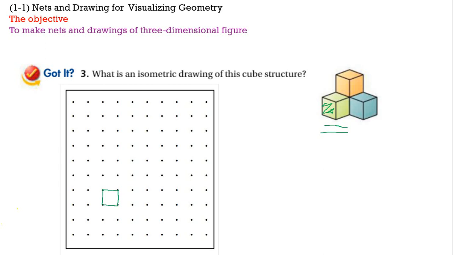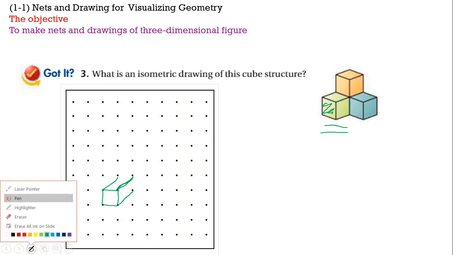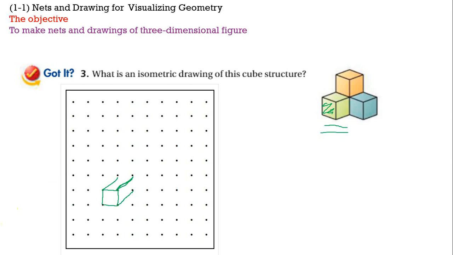And secondly, I have this part, it will be like this. All right, so that's what I have in the second part. Next, let me change the color for you. So that will be for this part.